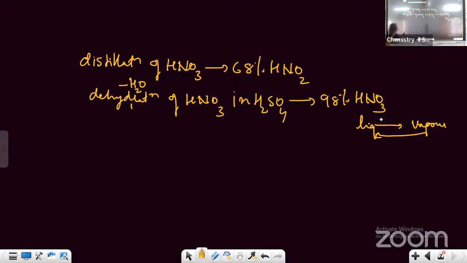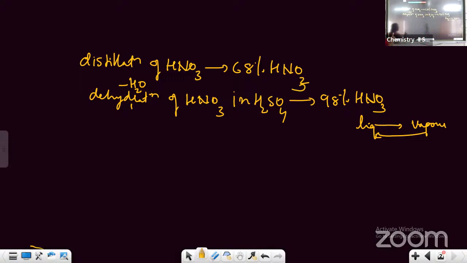First, we are undergoing distillation. Distillation means converting liquid into vapor, and that vapor is brought back to the liquid state. When you do distillation, you get only 68% HNO3, but we want 100% HNO3.